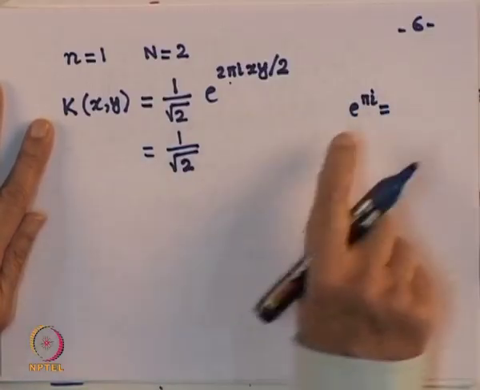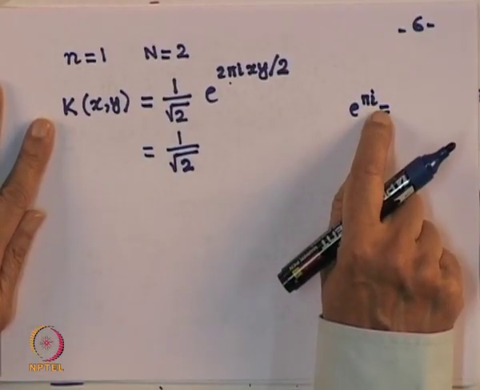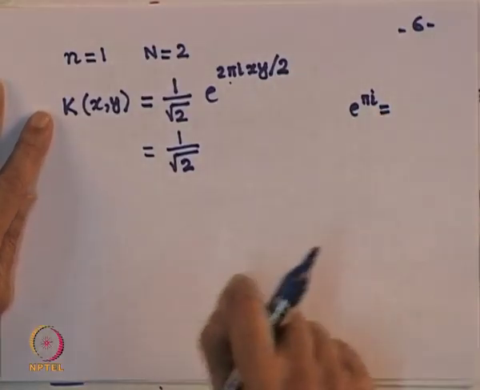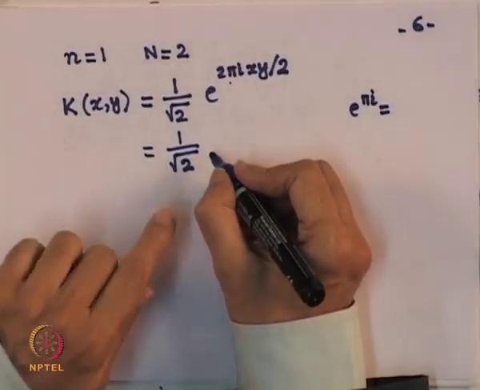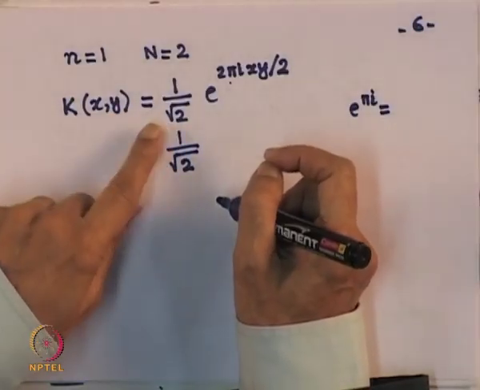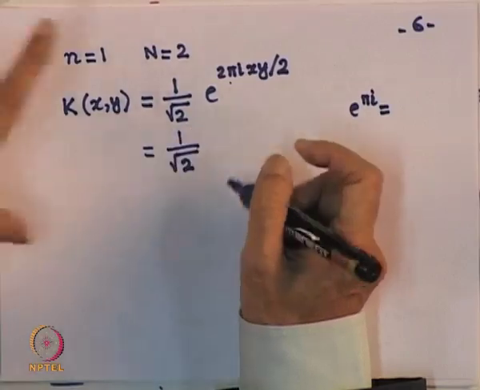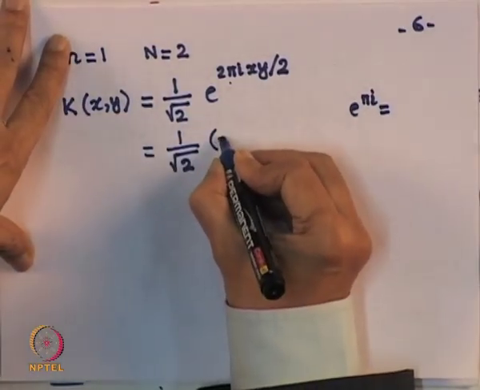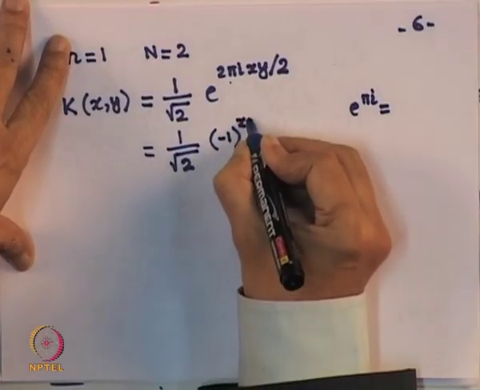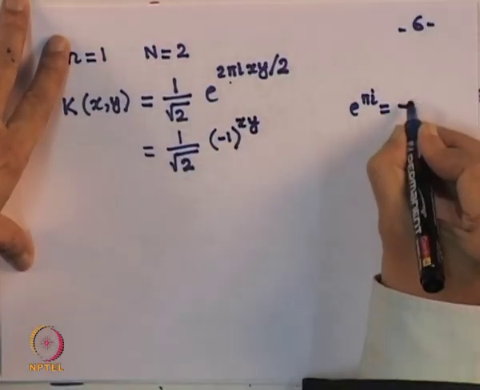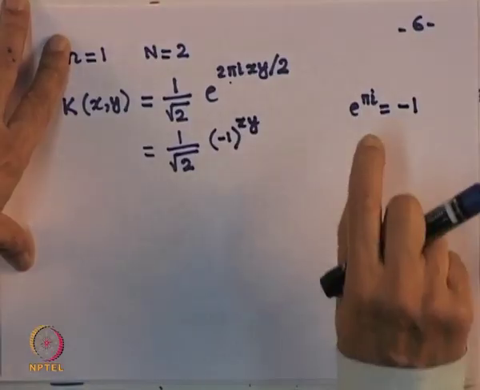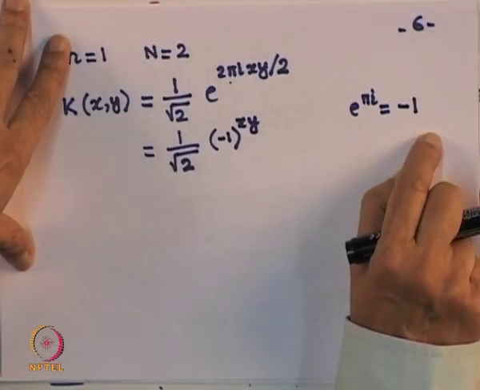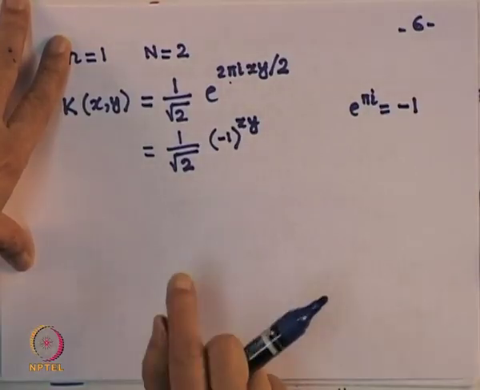This is cos pi plus i sin pi, so it is minus 1. So let us look at this: minus 1 to the power xy. This is by De Moivre's theorem, e to the power pi i equal to cos pi plus i sin pi, and sin pi is 0.